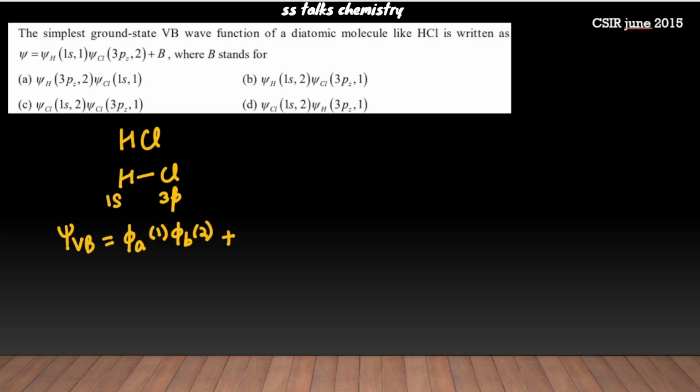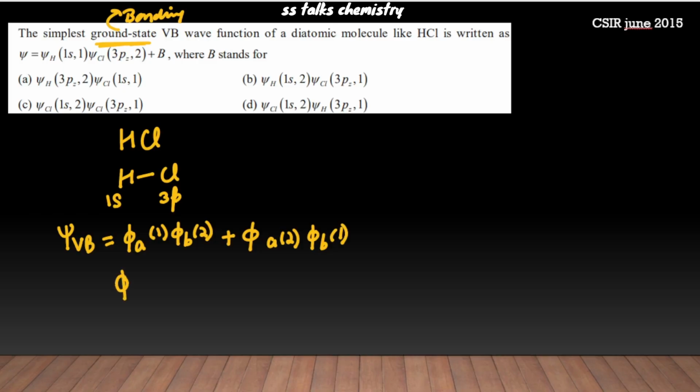Now bonding we are considering here, you see it is the ground state. So ground state means the bonding will be there. It is the bonding molecule, bonding orbital you will have. So this will include phi A containing the second electron into phi B containing the first electron. Right. So now instead of phi A, we have the orbitals of hydrogen and chlorine.